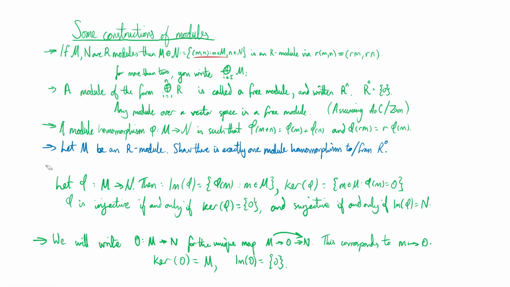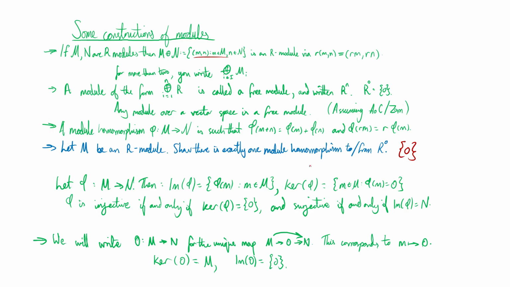I want you to show that there is exactly one module homomorphism to and from this 0. Within category theory terms, this means that 0 is a zero object, which the etymology should be obvious at this point.